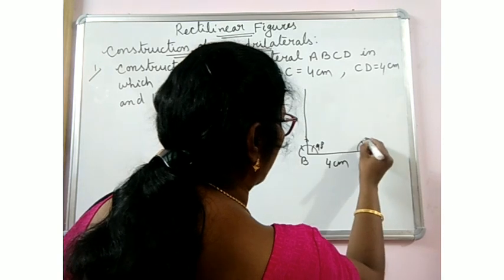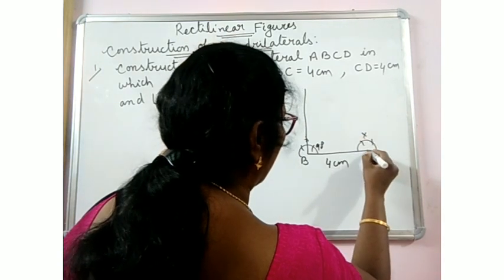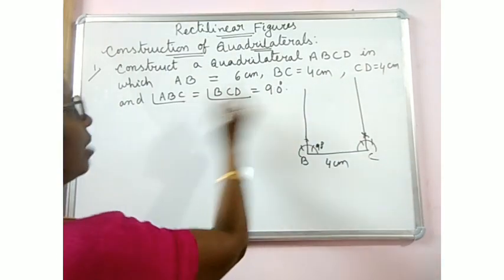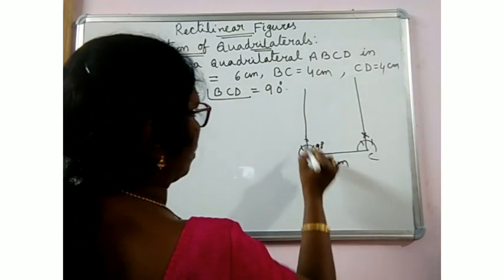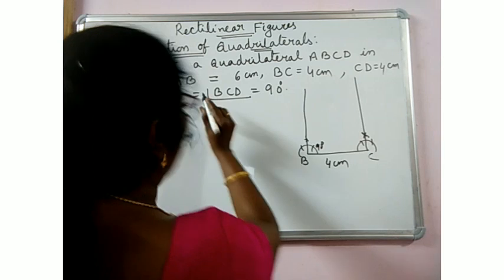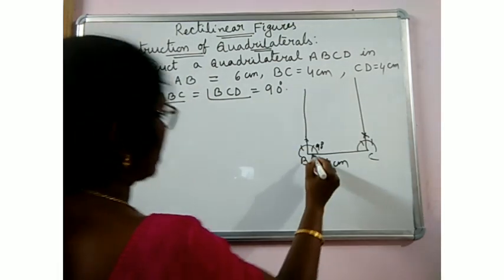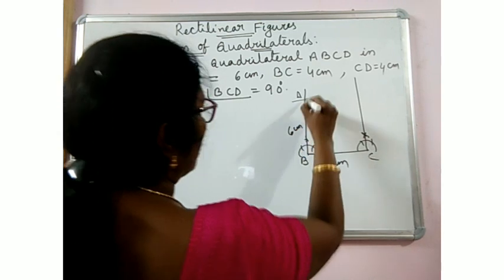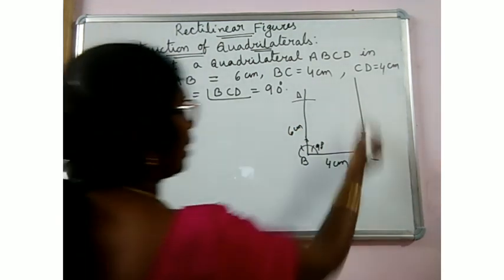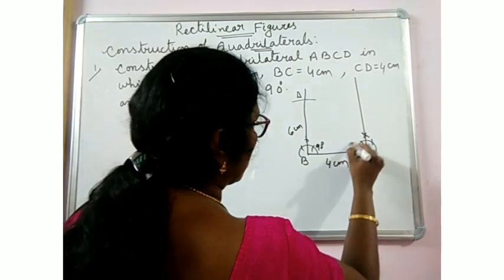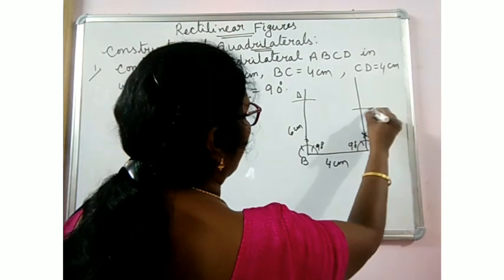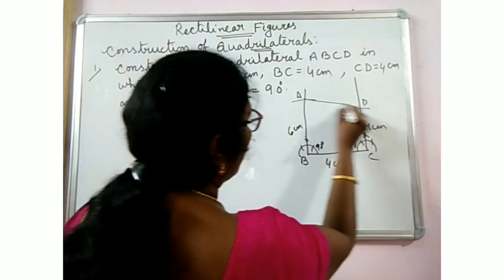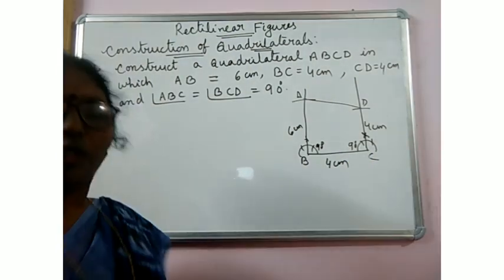So here also construct a 90 degree angle. Then BC is 4 cm. AB, from A to B is 6 cm; from here to here give an arc of 6 cm and name it A. C to D is 4 cm, this is also 90 degrees; from here give an arc of 4 cm and name it D. Now join AD.